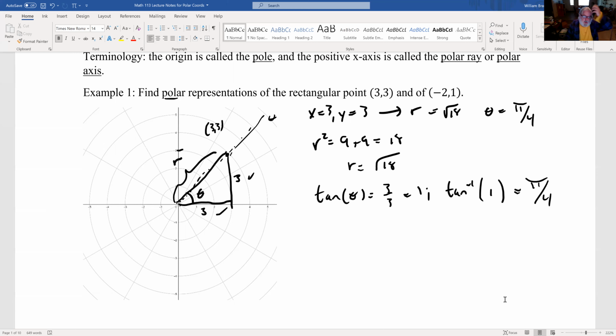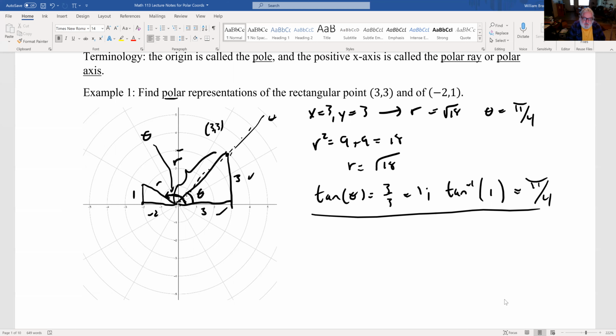Okay. So -2, 1, x is -2, y is 1. That's a point over here. And then we can draw in a triangle. The theta we want is the theta from the positive x-axis. So it's this whole thing.